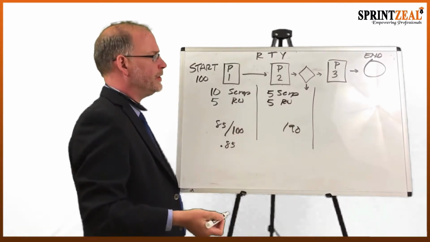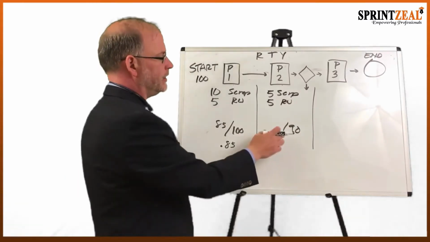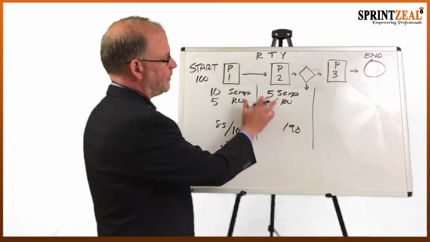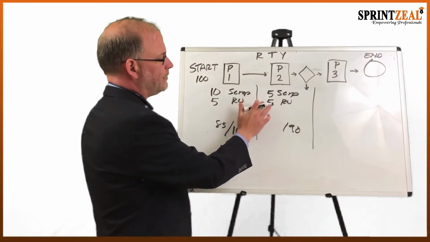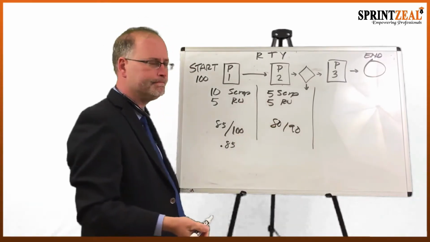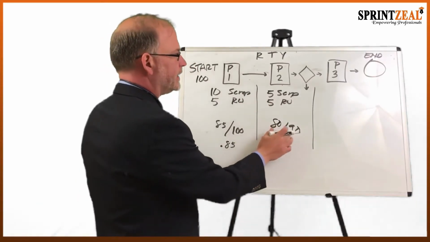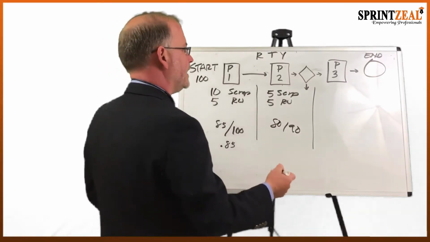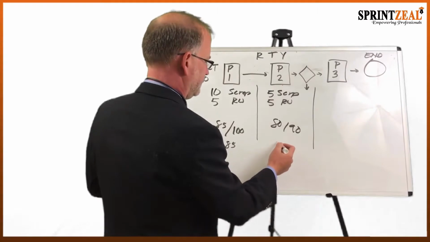What is our throughput yield, or our first pass yield, for process step number 2? Well, 90 minus 5 is 85, minus another 5 is 80. So it's 80. So when we calculate 80 divided by 90 into a decimal, it comes up to 88.9%.